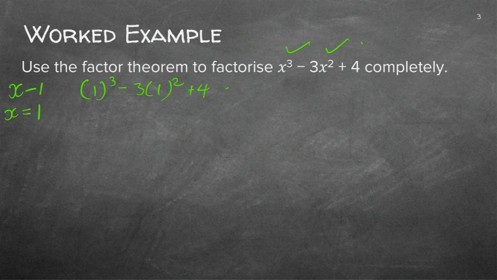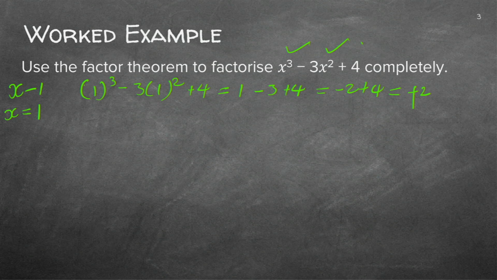Let's add that. It's going to be 1 minus 3 plus 4. 1 minus 3 gives you negative 2, plus 4 gives us a positive 2. It gives us a remainder, so x equals 1 is not a factor.